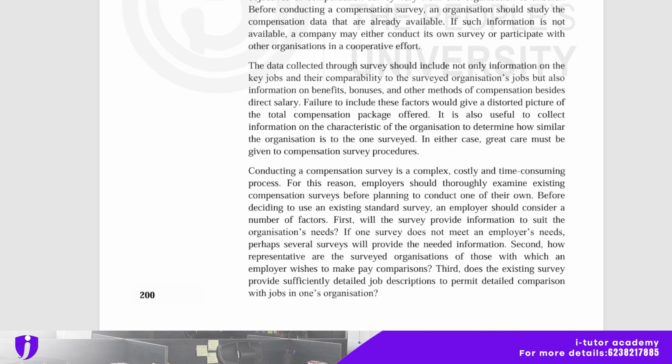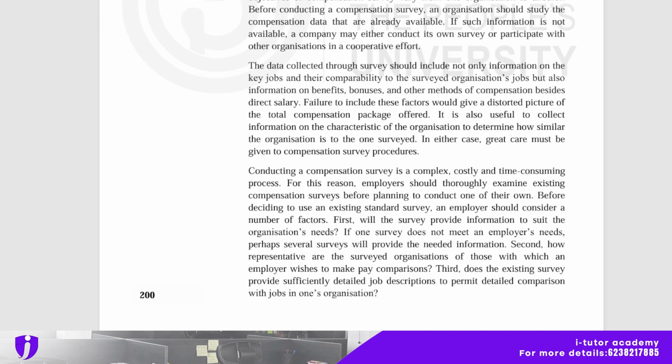Conducting a compensation survey is a complex, costly, and time consuming process. For this reason, employers should thoroughly examine existing compensation surveys before planning to conduct one of their own. Before deciding to use an existing standard survey, an employer should consider a number of factors.